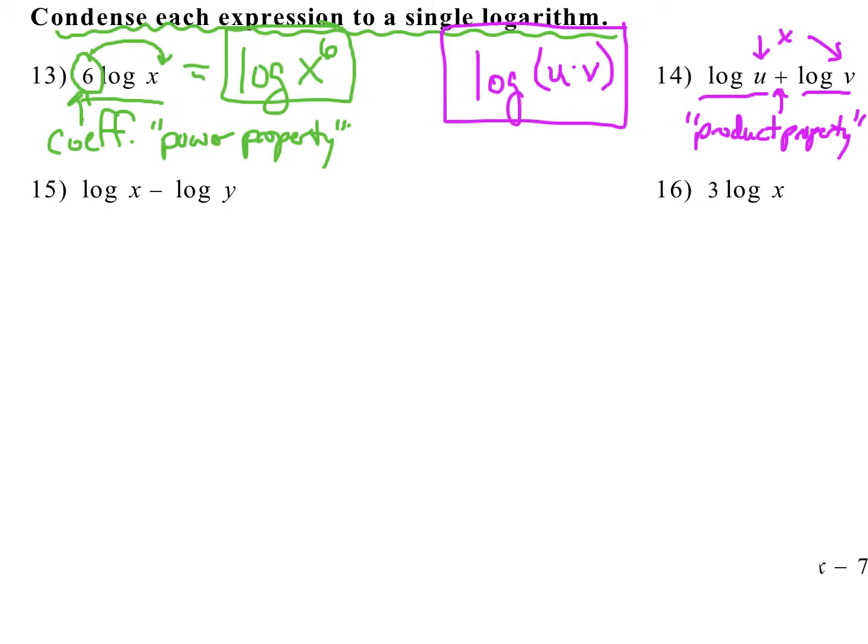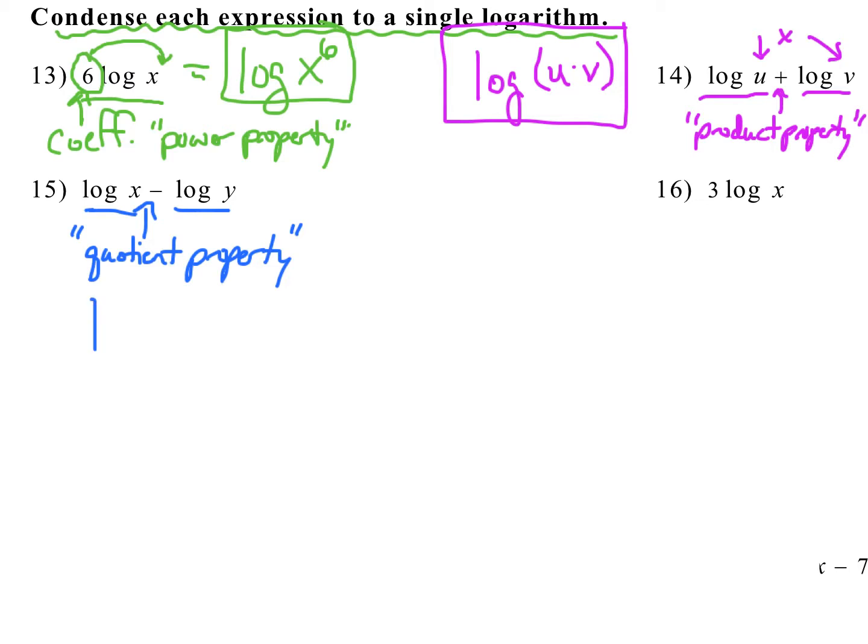Number 15, we have the log of x minus the log of y. Now, that minus, that difference, indicates that we're going to be using the opposite of the product property, which is the quotient property. So, instead of adding the two pieces of the logarithm, we're going to subtract them, and so that means instead of finding the product, we're going to be finding the quotient.